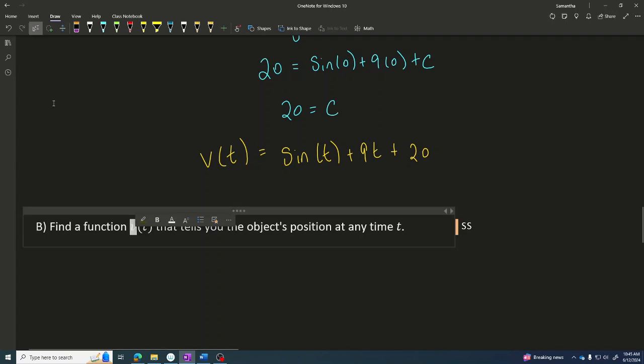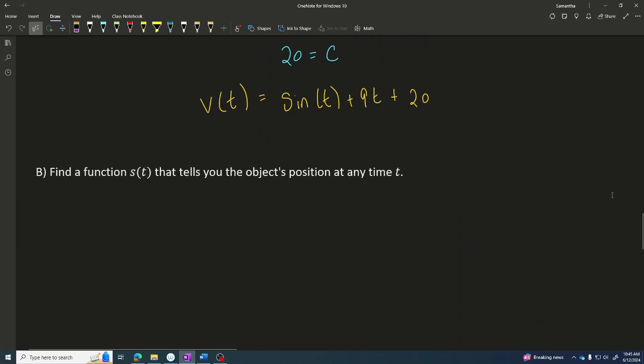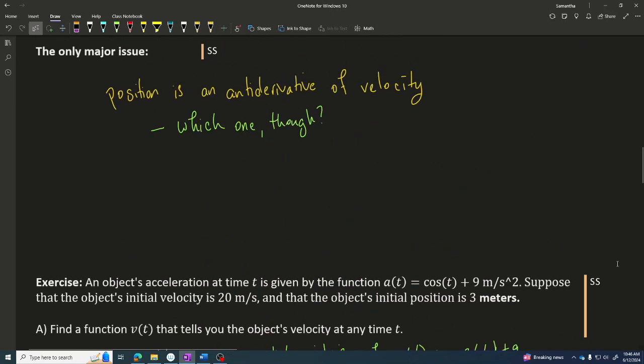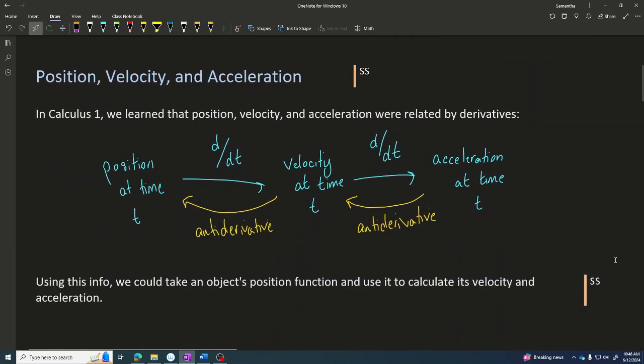Now, let's also take this one step further, and let's go ahead and try to find the position of this object at any given time. Let's try and find a function, I'll call it s of t, which predicts that position. Now, once again, scrolling back up, we remember that position is an antiderivative of velocity.